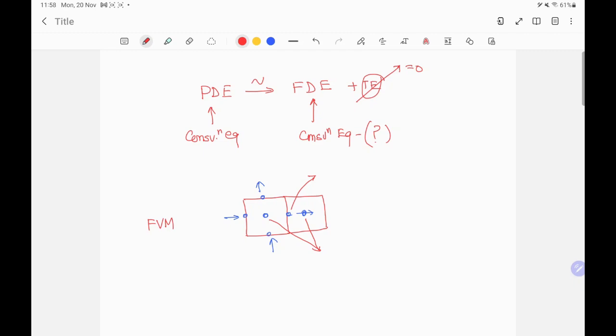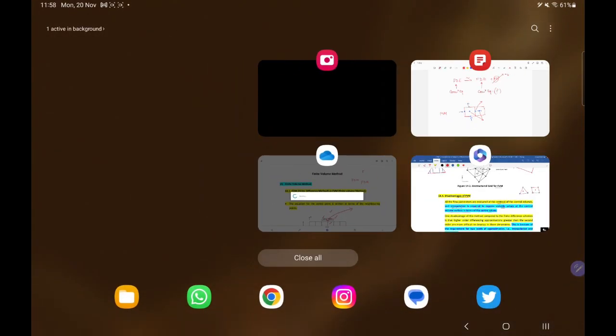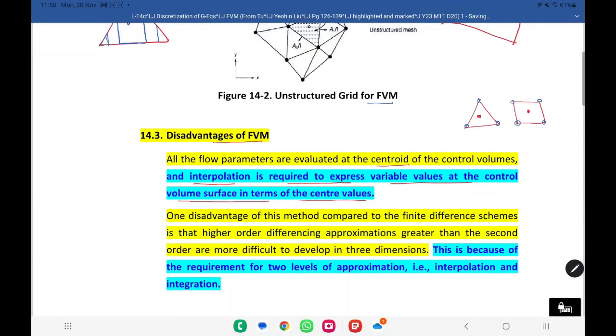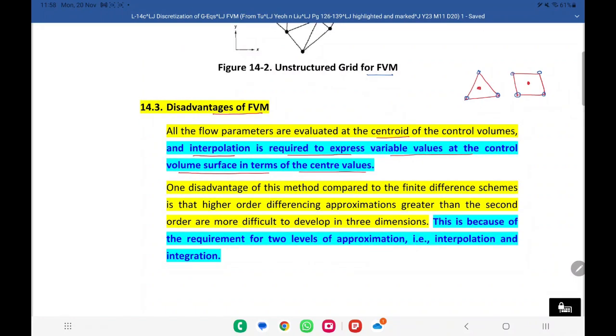Okay, so this is one disadvantage. I won't say this is a disadvantage, because this is one thing you have to follow. This is the technique we have, but what is the disadvantage of this technique?